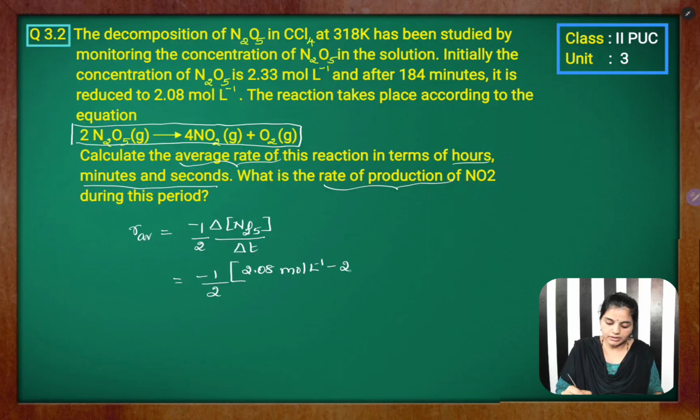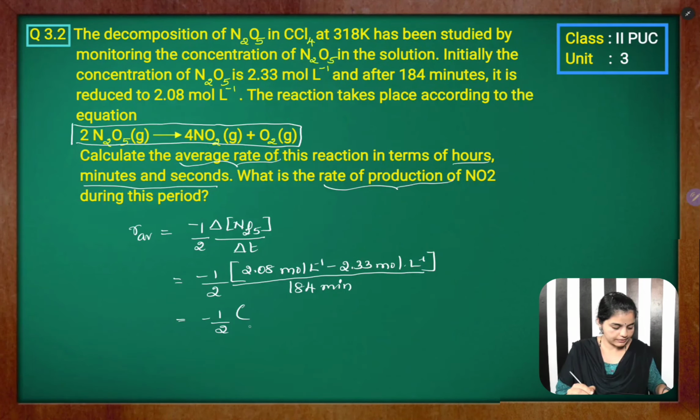Initial concentration is 2.33 mole per liter divided by delta T. So they have told in 184 minutes this change in concentration is observed. So which is equal to minus 1 by 2, 2.08 minus 2.33, that's equal to minus 0.25 divided by 184.